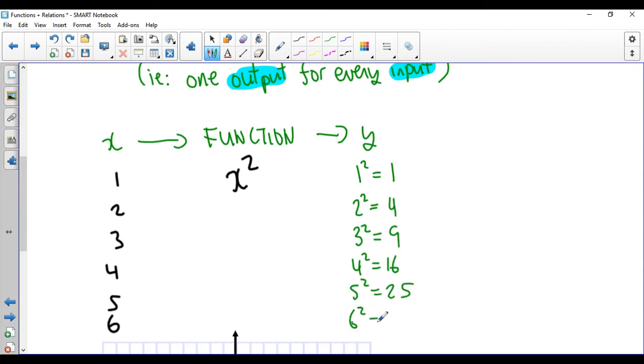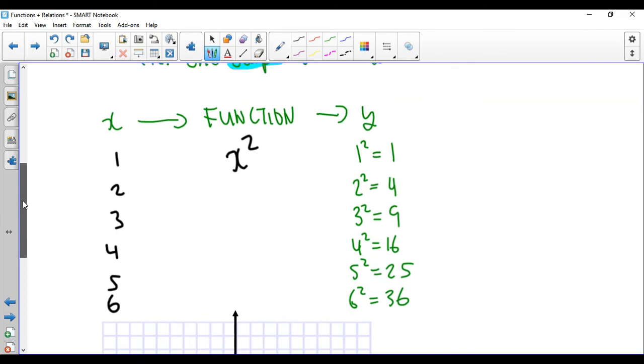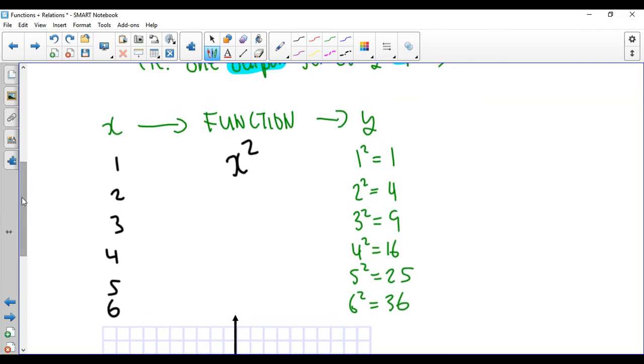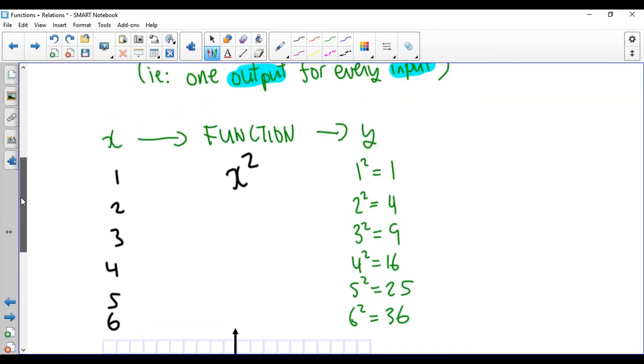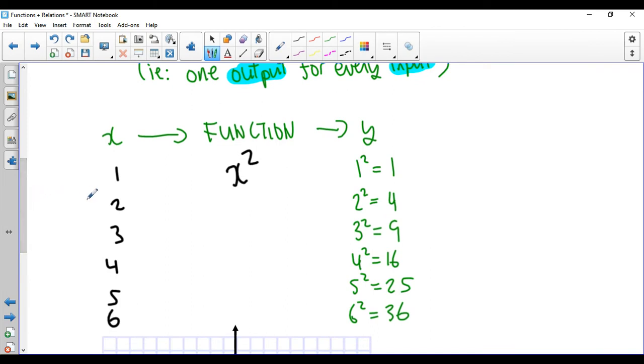And 6 squared, which is 36. Now, sorry, I kind of spoiled the next question. So we say, well, for every input, there's exactly one output.